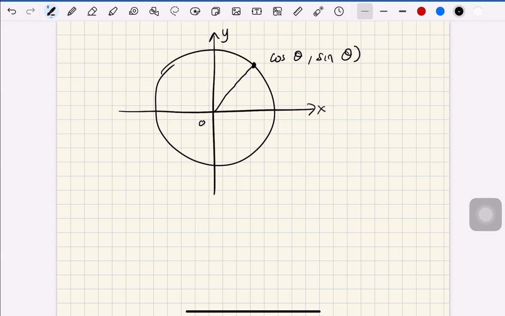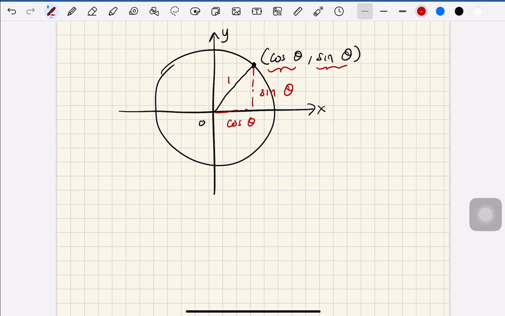Looking at this, we can see that this is actually a triangle. On the x axis we have cos theta, and y is our sine theta, and this is 1.